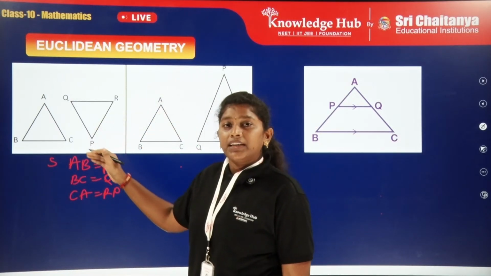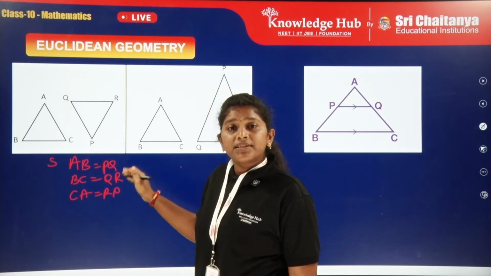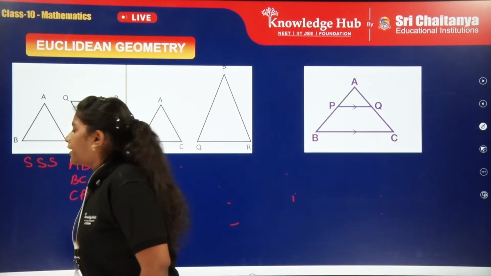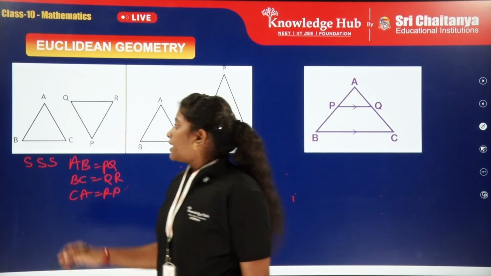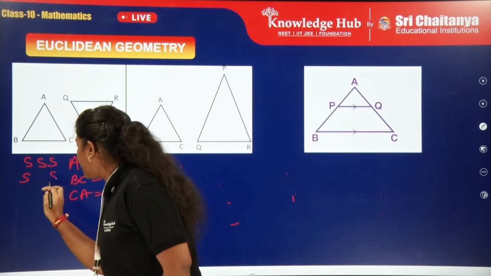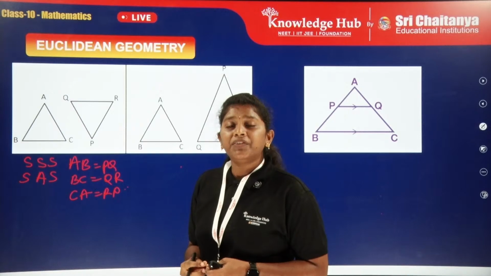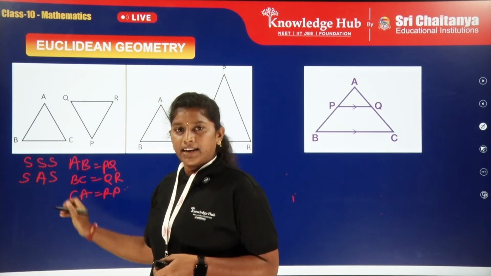If I am having the three sides of one triangle equal to the three corresponding sides of another triangle, then we can use the side criteria for congruency. Now moving to the next, if I am having two sides equal and the corresponding angle, that means the angle is included between the equal sides, then we can use side angle side.